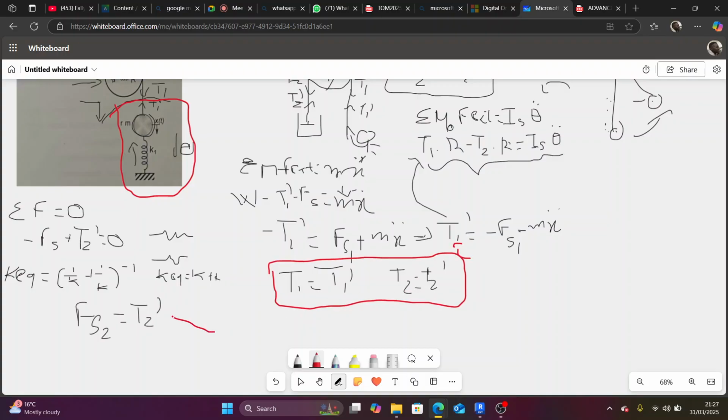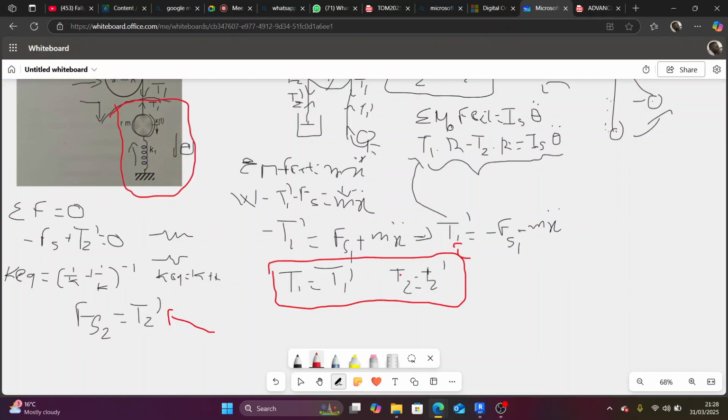Do you have T2 prime? What did we say? We said T1 equal to T1 prime, and T2 equal to what? T2 prime. So we're just replacing with T1 and T2. That's the same principle. If you understand this, you should be fine tomorrow.